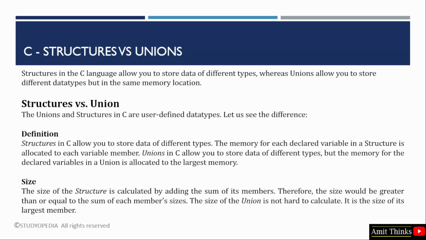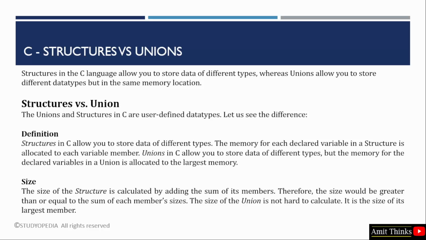Structures and unions are quite related to each other. Let us see the difference. As we saw in the previous lessons, structures allow you to store data of different types. A union also allows you to store data of different types, but the memory for the declared variables in a union is allocated to the largest member. This is quite different from structures.